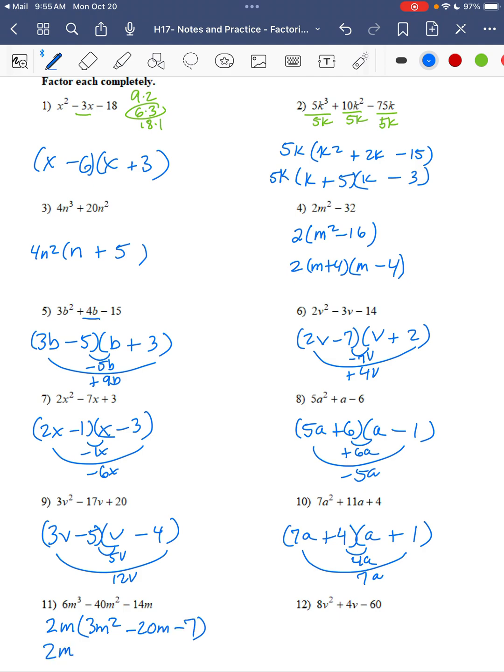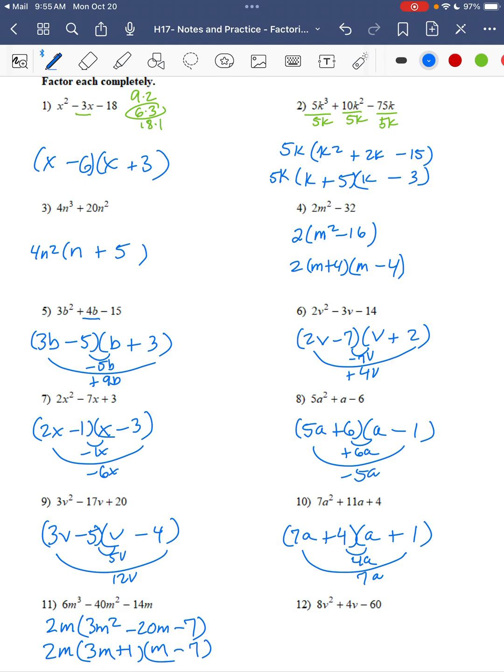So that 2m stays, and then I work on this part. So 3m and m. So I think if I do 7 and 1, because then look here, this is going to be 21 and 1. So if I make my 21 negative and my 1 positive, that'll give me my -20. So negative and positive.